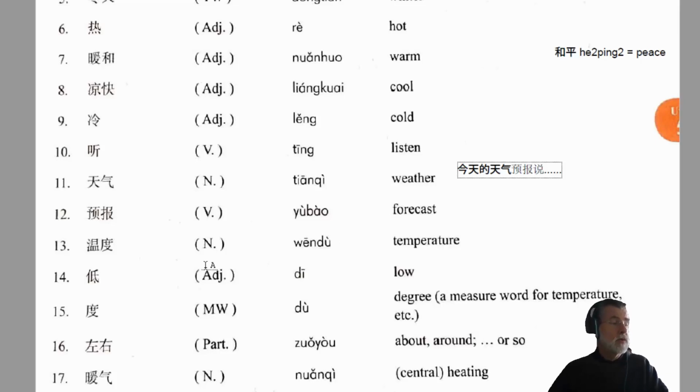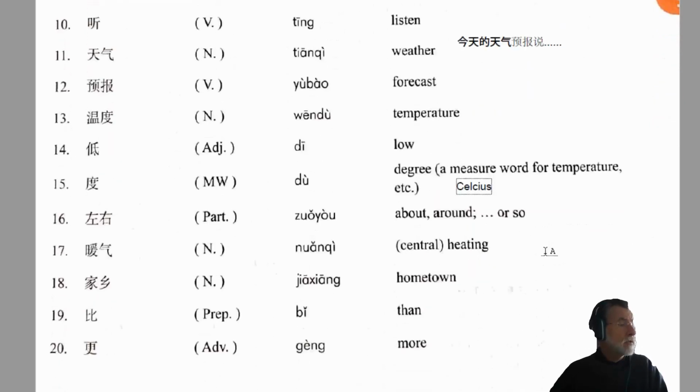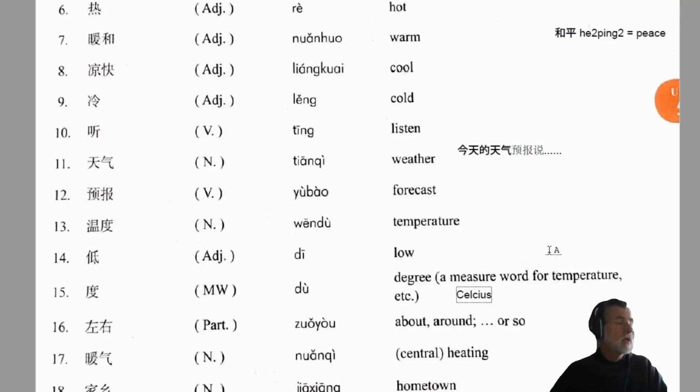Again, if you break that word down, they give you the second part of it a bit further down under number 15, 度 meaning degree, and in China, degree actually refers to Celsius. So they talk in terms of Celsius as we do here. The 温 part means warm. And I think maybe it's further down in this list or on the next vocab list, but there's the word 温暖, which means warmth in a number of different ways.